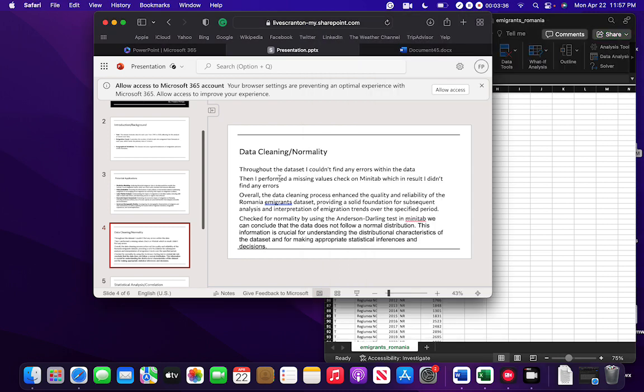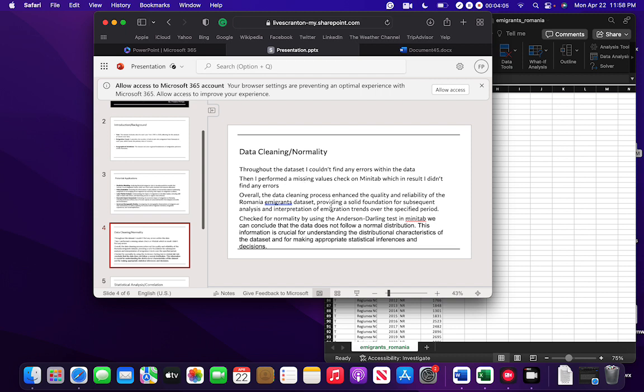Then I performed a missing values check on Minitab, which in result I didn't find any errors. Overall, the data cleaning process enhanced the quality and reliability of the Romania immigrants dataset, providing a solid foundation for subsequent analysis and interpretation of immigration trends over this specific period.